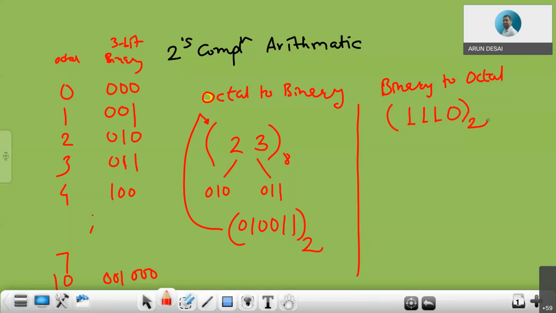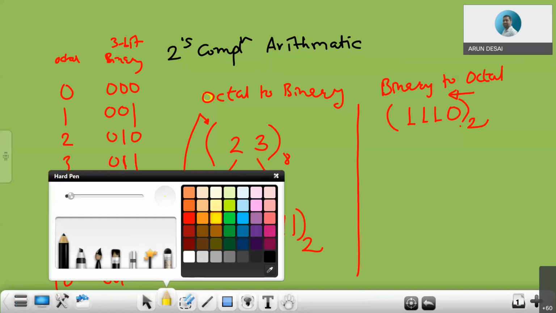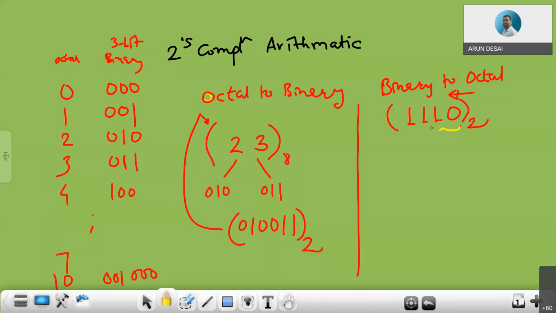Now, what we need to do is find groups, right? Sets of three, starting from this to this, three, right? So the group should be 3 bits, right? And if one or two digits remain, then add zeros in front of that and make again a group of three, right?